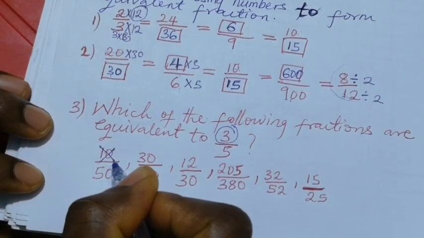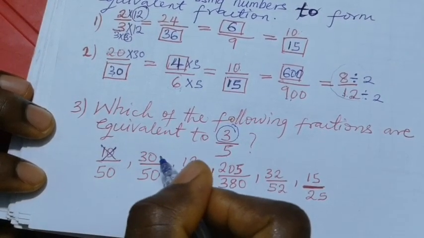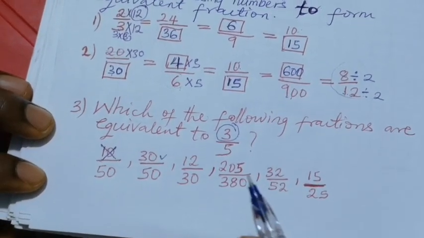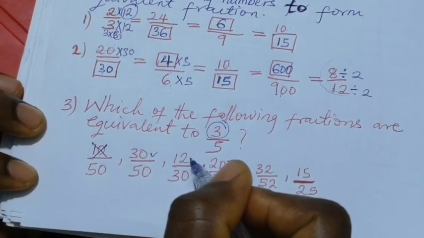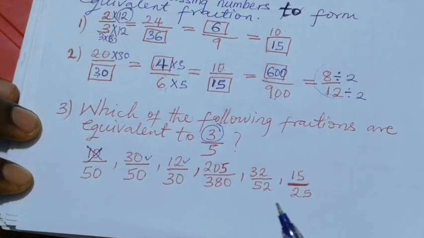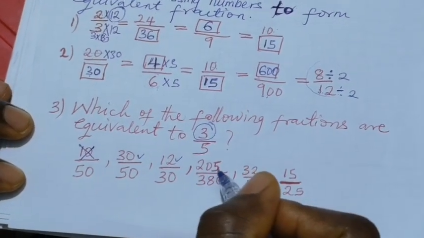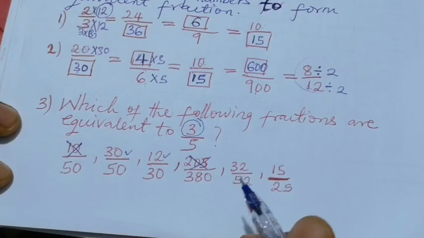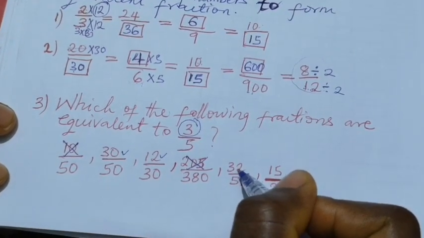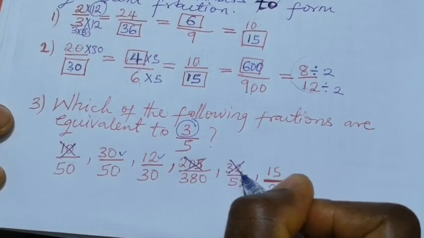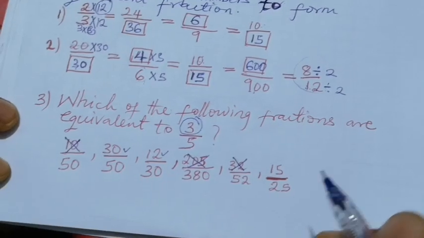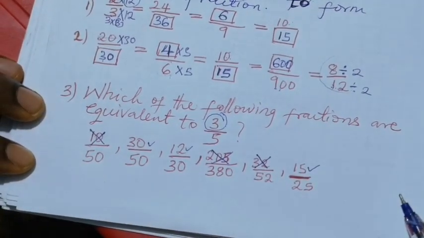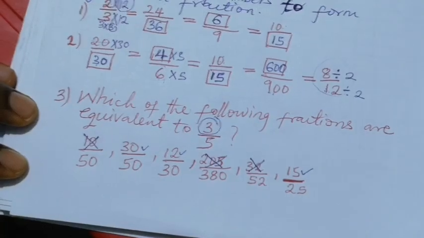I will remove it. 30 is a multiple of 3, so I will take it. 12 is a multiple of 3. I will take it. 25 is not a multiple of 3, so I will not take it. 32 is not a multiple of 3. I will not take it. Then 15 is a multiple of 3, so I will take it.